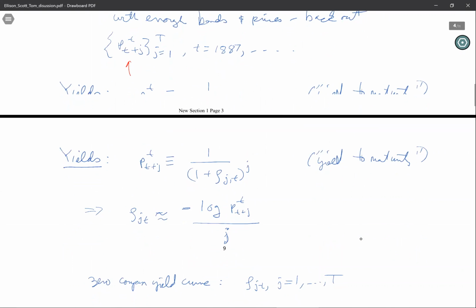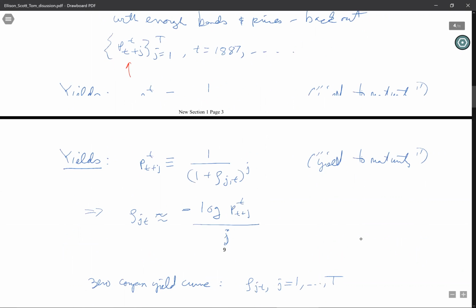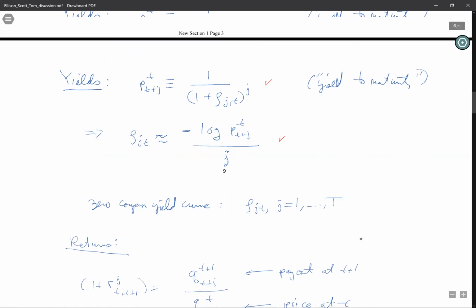The Hicks-Arrow prices are related to what are known as yields or yields to maturity by this formula, which implies that the zero coupon yield on a j period zero coupon bond is related to the Arrow-Hicks price by this formula, and they're going to report those yields. And the so-called yield curve is just going to put that sequence on the table for every t.